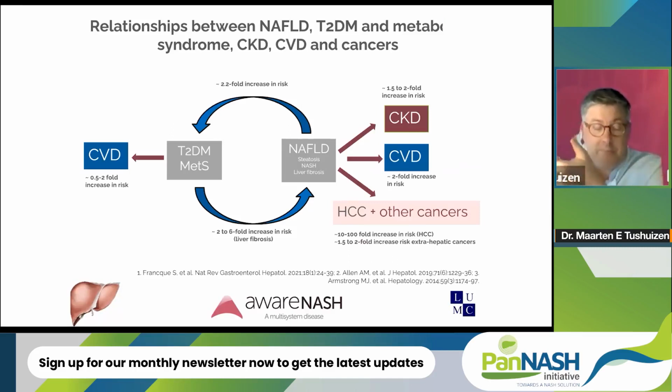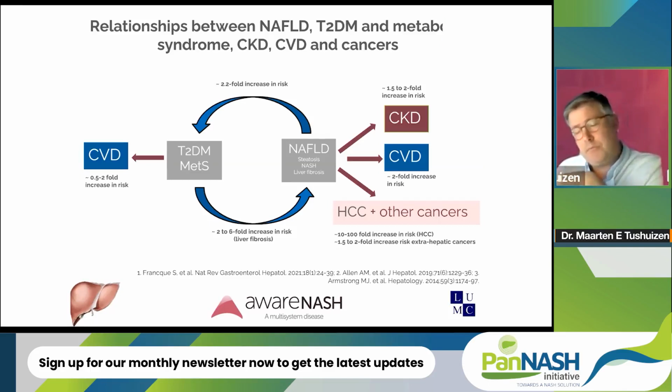And with the development of type 2 diabetes, there's a further increase in risk of cardiovascular disease and worsening of liver disease. So the formation of fibrosis and eventually cirrhosis, and therefore an increased risk of hepatocellular carcinoma and other extrahepatic cancers. The development of advanced liver fibrosis also doubles the risk of cardiovascular disease, but my colleagues will elaborate on this later.